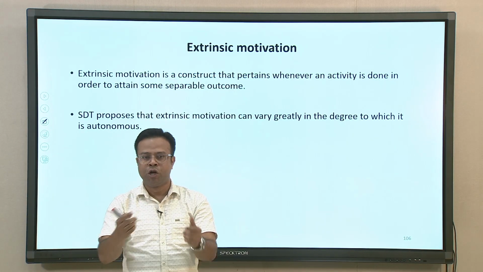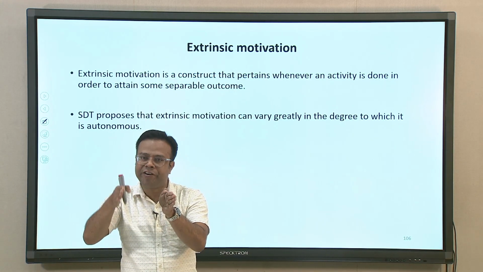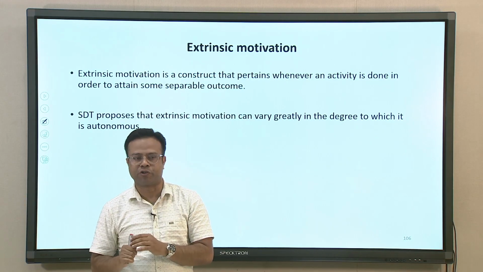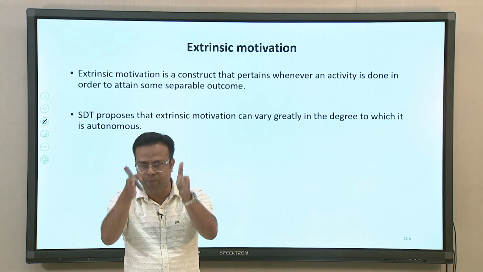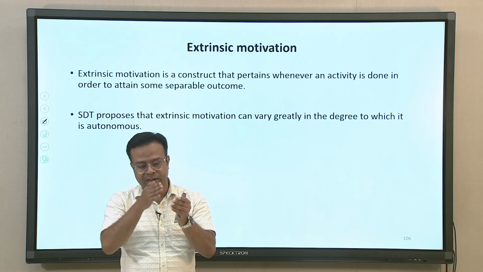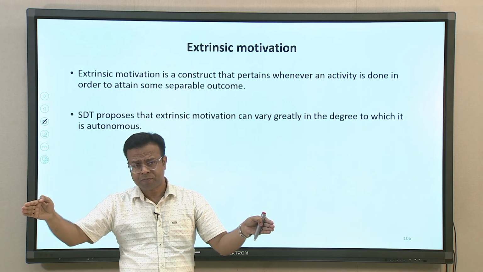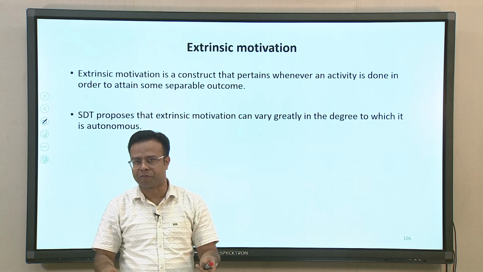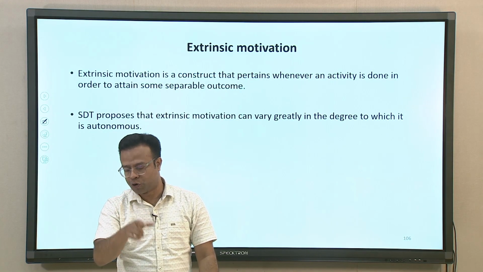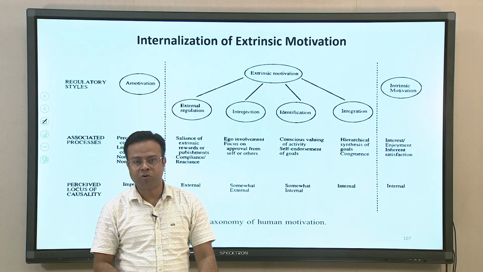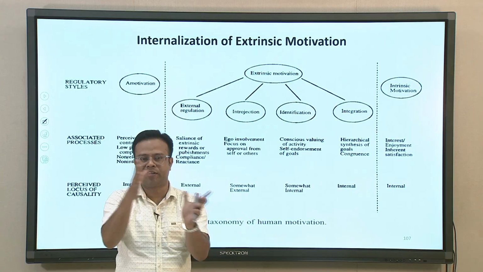So, there are a lot of degrees associated with extrinsic motivation. When we talk about extrinsic motivation, all actions cannot be in the same category. There is a gradation of motivation. This is very important to understand, because that is where we can address a lot of issues. So, let us look at these categories of extrinsic motivation.